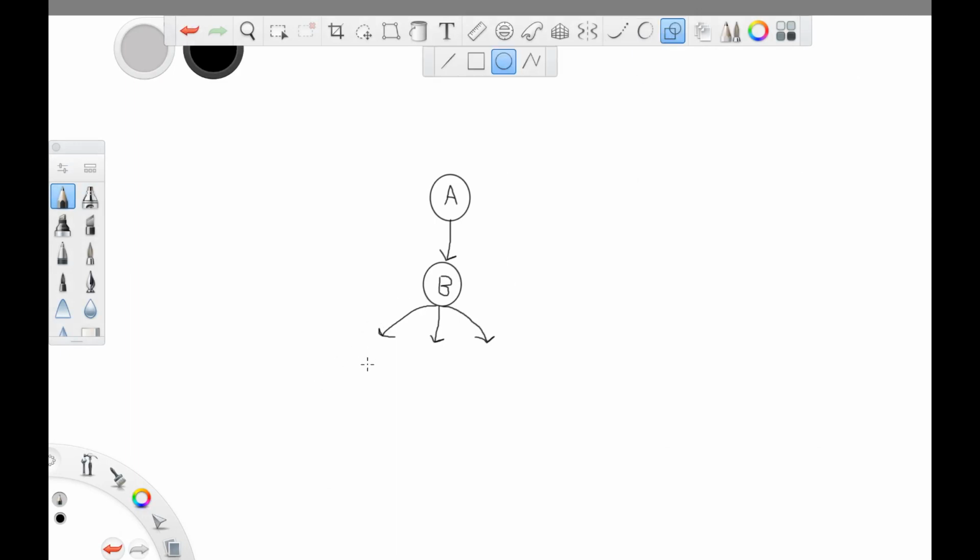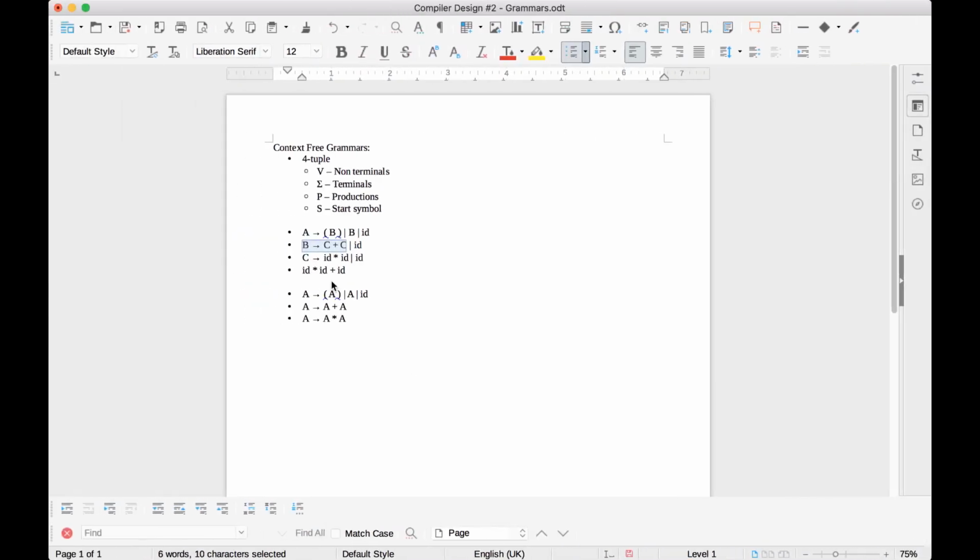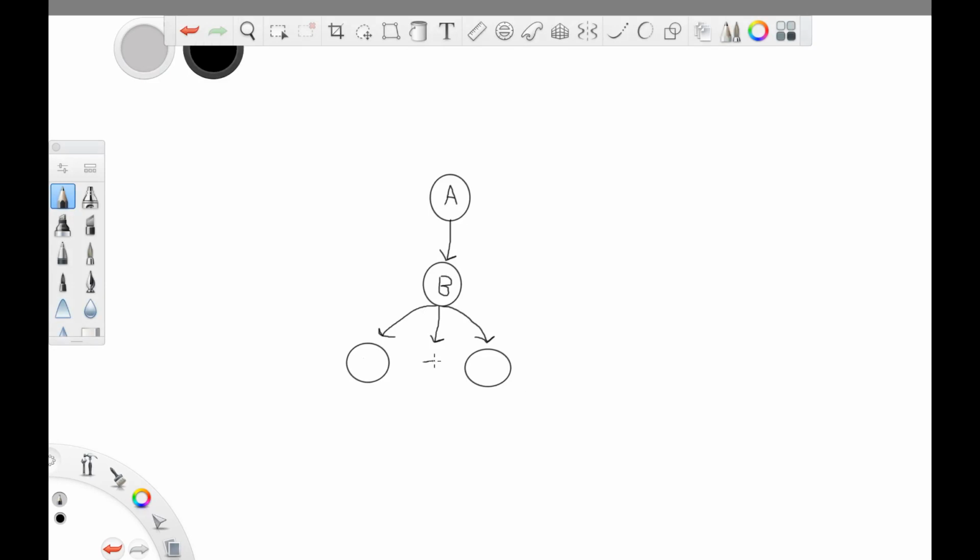So let's make a node for this C. And then the terminal plus can just be a leaf. So we don't need to make a node for this.